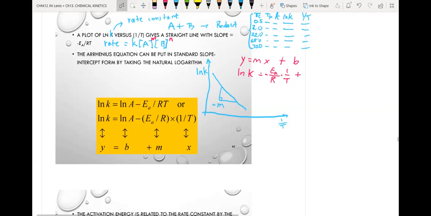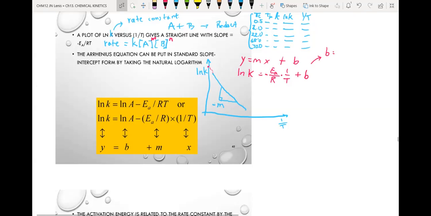And what is B? B happens to be here. This is the y-intercept. I'm going to write a B here because later on we're going to discover that B is the y-intercept.